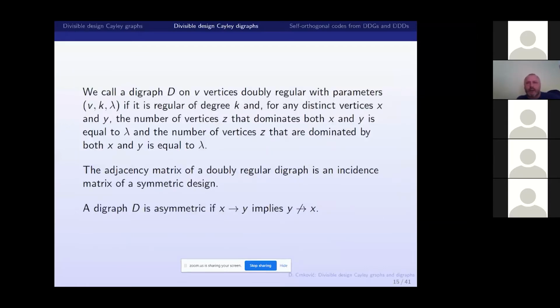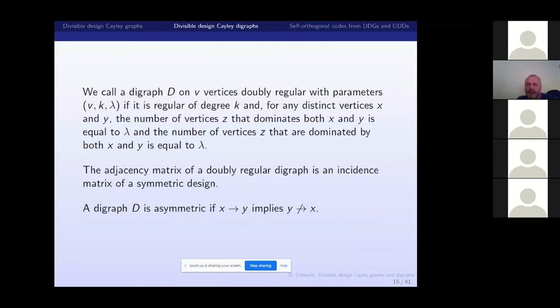Okay, so now I will switch to Cayley digraphs. We call a digraph D on v vertices doubly regular with parameters v, k, lambda if it is regular of degree k, which means that all in-degrees and all out-degrees are equal to k.